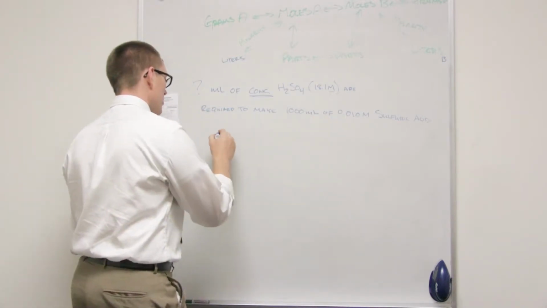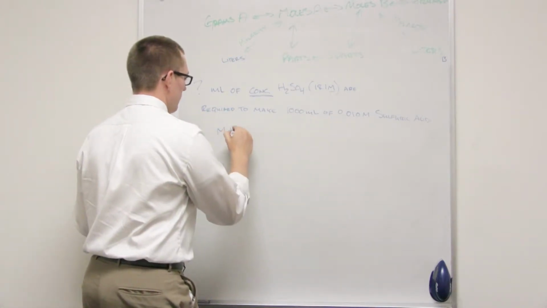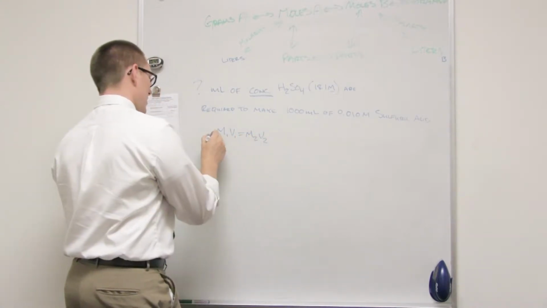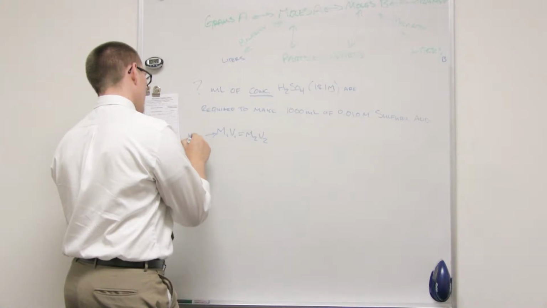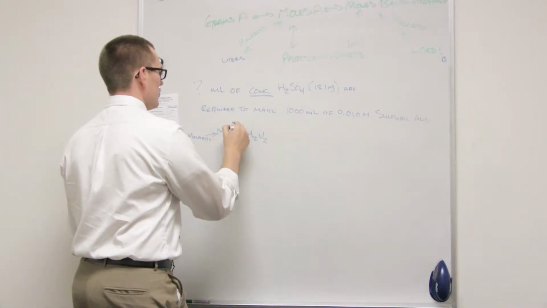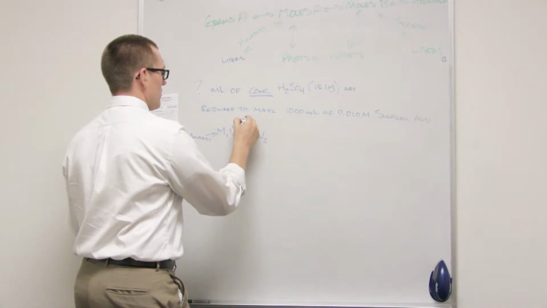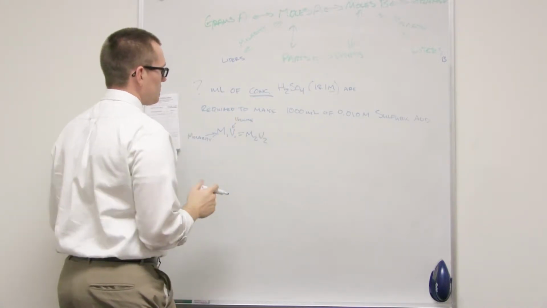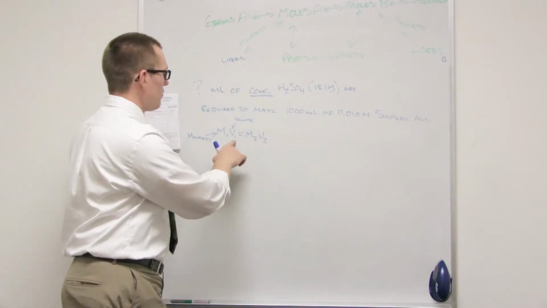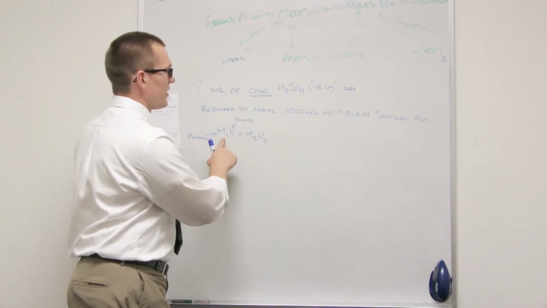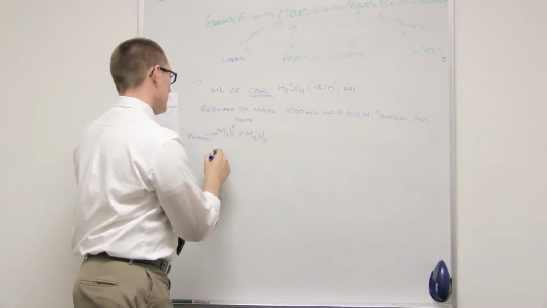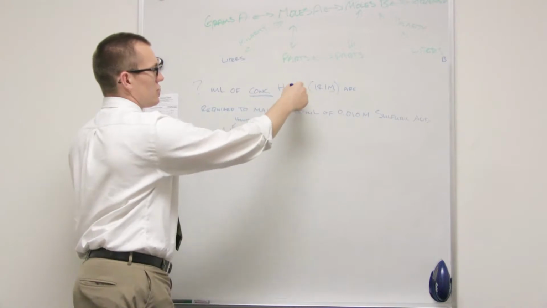And so the equation is M1 V1 equals M2 V2. The M stands for the molarity, and the V just stands for volume. We don't know the volume of one, but we know the concentration of the first, because we're looking at how much of this solution we need.